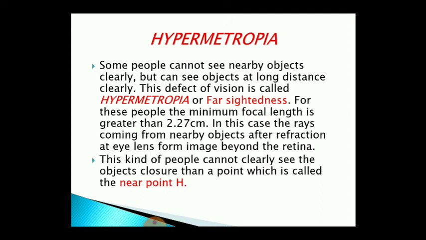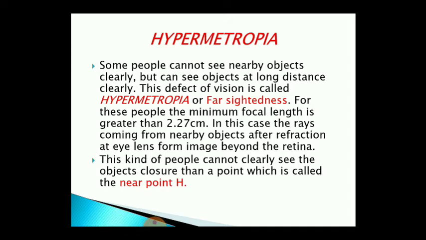In this case, the rays coming from nearby objects, after refraction at the eye lens, form the image beyond the retina. Means the image of closer objects forms behind the retina. This kind of people cannot clearly see objects closer than a point. That point is called the near point.